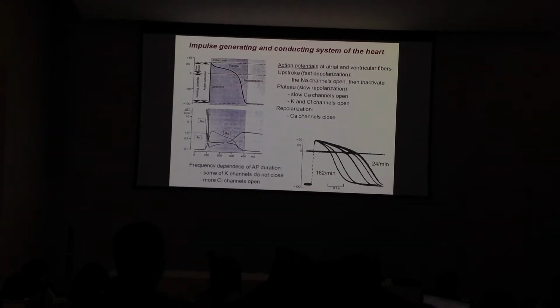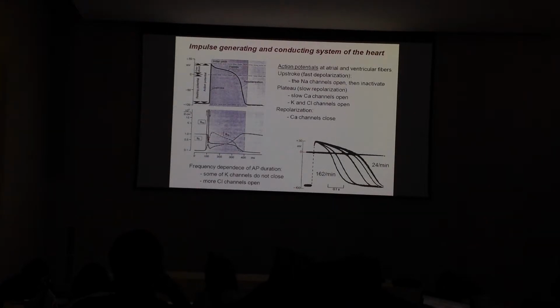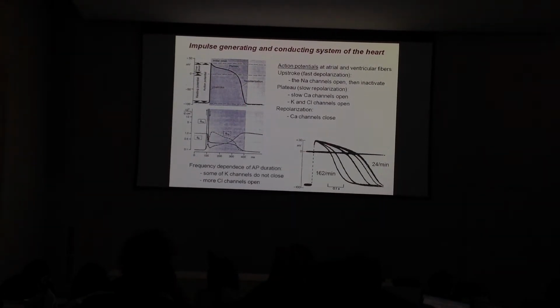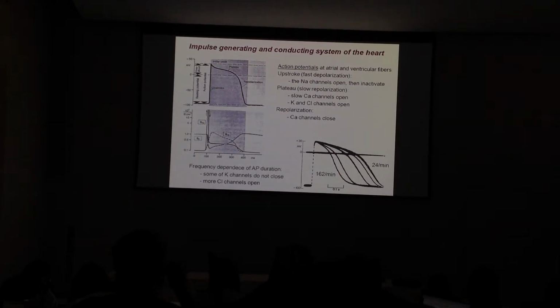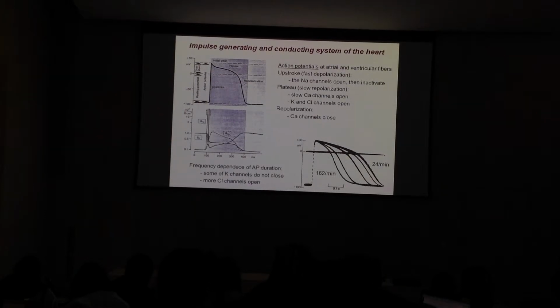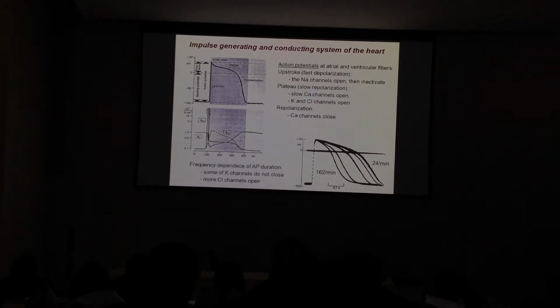The potassium channels are slow channels. If the repolarization is fast, there is no time for all the potassium channels to close, but some of them remain open, and the next action potential is evoked.